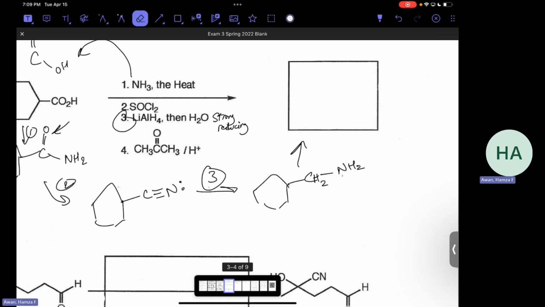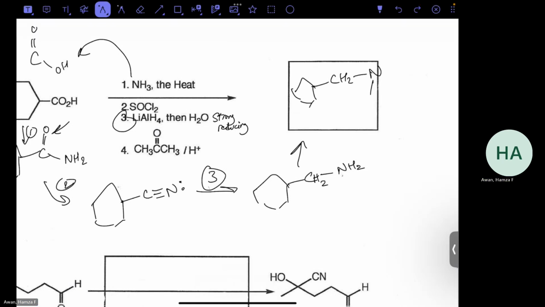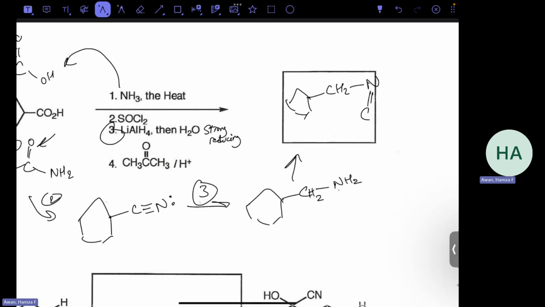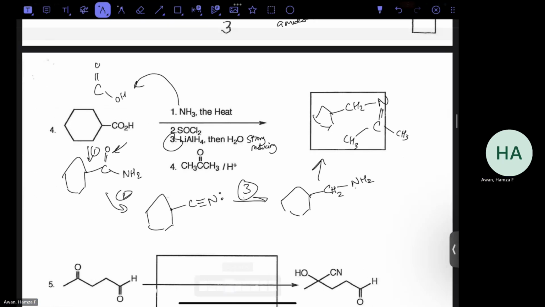So instead of having an NH2, it'll be like this ring, the CH2 bonded to a nitrogen, and this nitrogen is going to take the place of this carbonyl group. So we'll have our double bond bonded to carbon, bonded to carbon, and then two methyl groups bonded, CH3. And that will be our product, an imine.